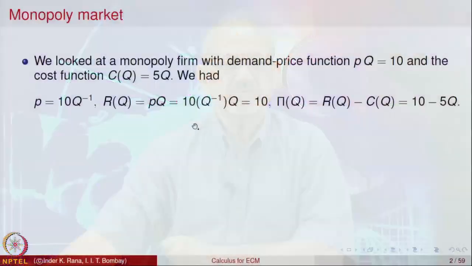So, let us continue with our example of the monopoly market that we have been looking at. We looked at a monopoly firm with the demand function P q equal to 10 and cost function C q equal to 5 q. For this, we wrote down the various functions.